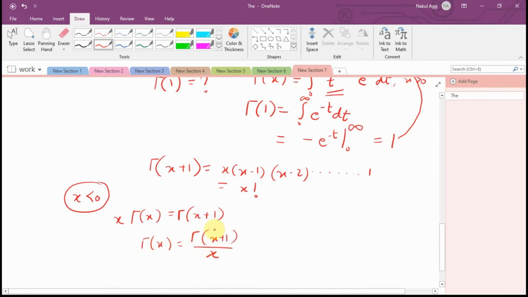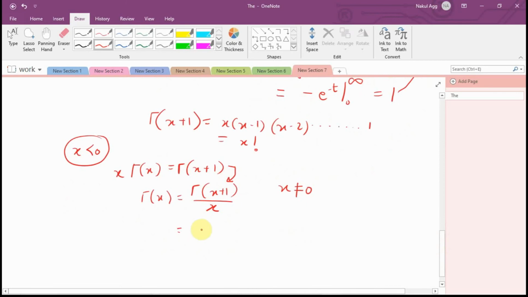But when we rewrite it in this form, x must not be equal to 0. Now we multiply both numerator and denominator by x plus 1, and we realize that the numerator is simply gamma of x plus 2 over x into x plus 1, provided x is not equal to 0 and minus 1.